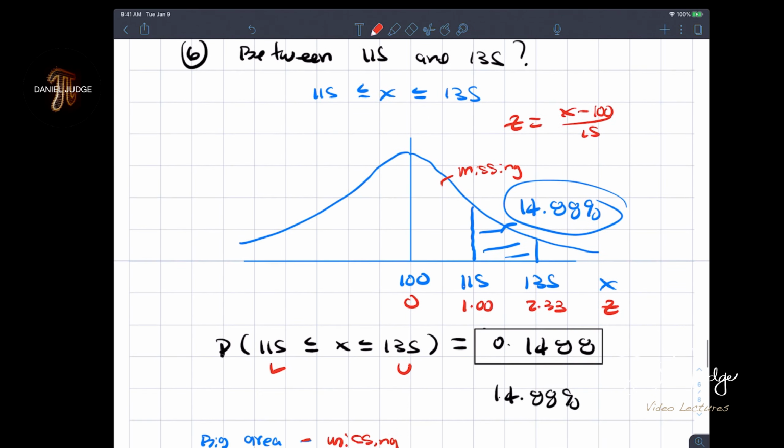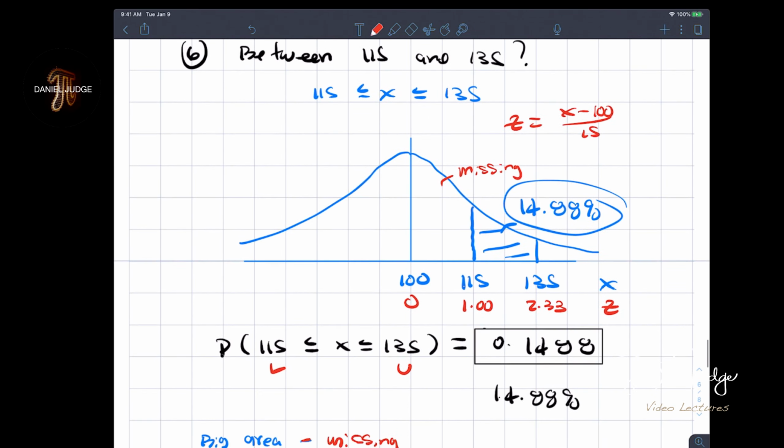Prior problem. So we just have to take this difference and see what this is. And we have to go to the TI and say, TI, take the difference of 4901 minus 34.13. Let's see what we get. 14.88%.